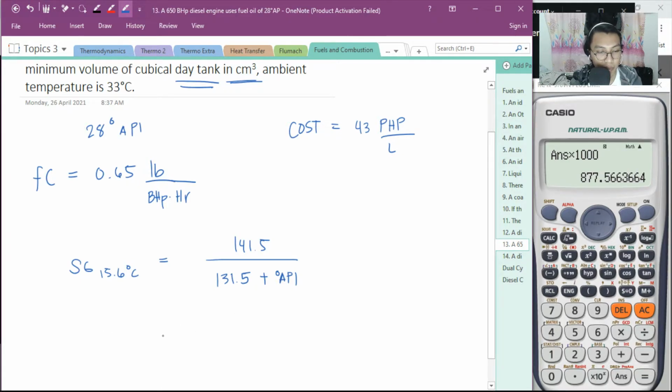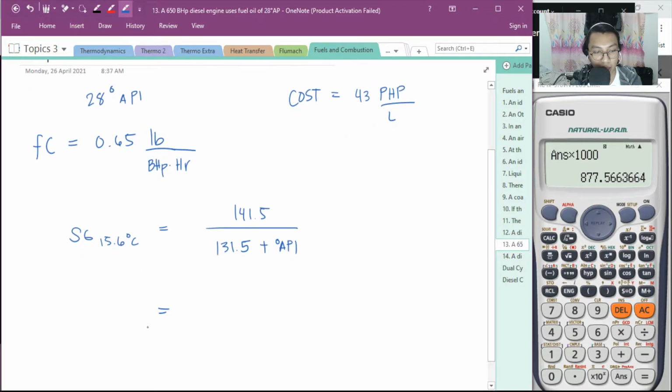So, sinimplify ko na yan kasi dito mahirapan ka pa pag hinanap mo yung degree API. Paano naman daw kung yung API ang hinahanap mo? Para mahanap mo ito, another formula. That is equal to 141.5 divided by SG at 15.6 degrees Celsius minus 131.5. Kung degree API ang hinahanap mo.